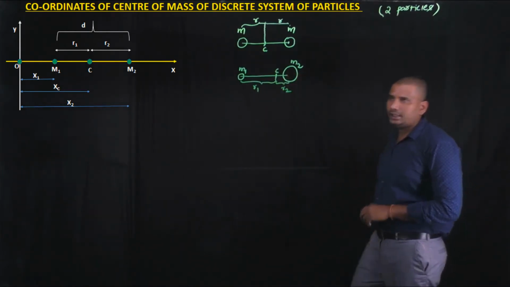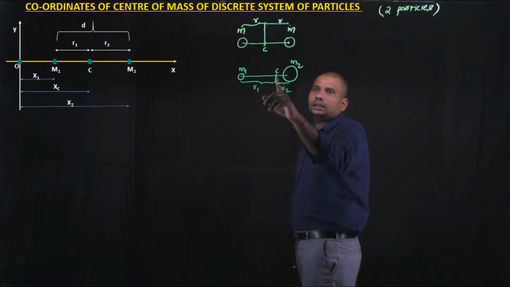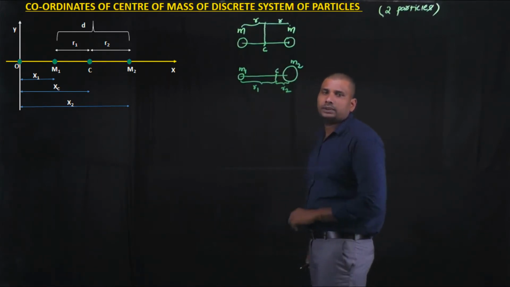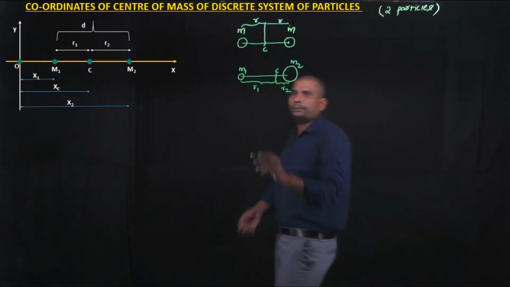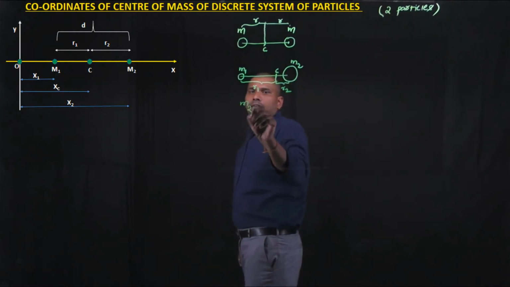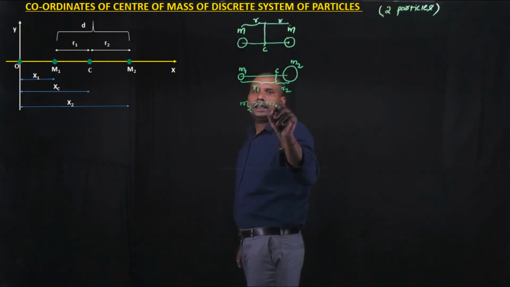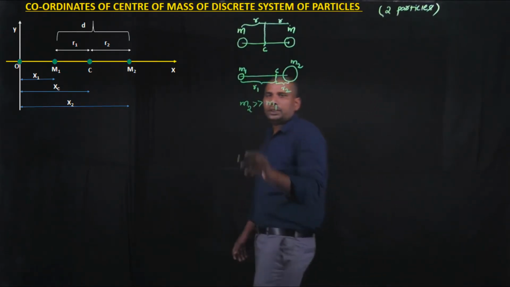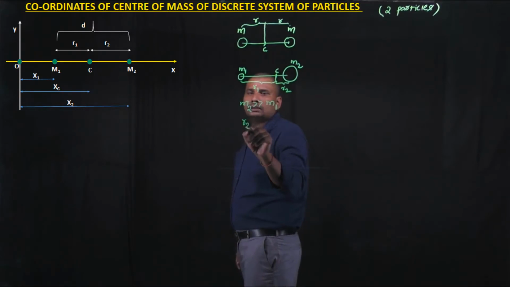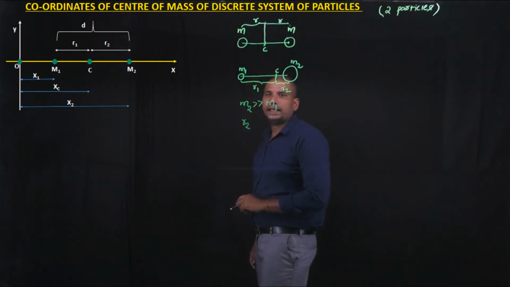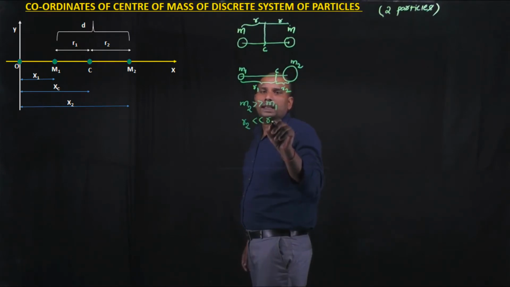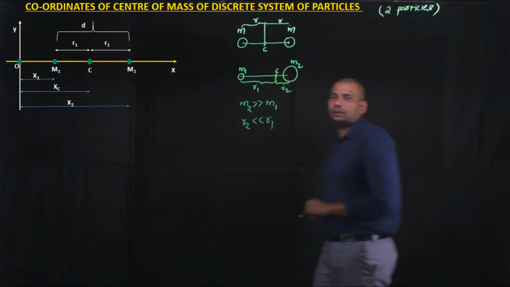Here my intention is to say that the position of center of mass is always located nearer to the heavier object. Here the mass of the second object is greater than the mass of the first object, but the distance of the center of mass from the second object is less than the distance from the first object.